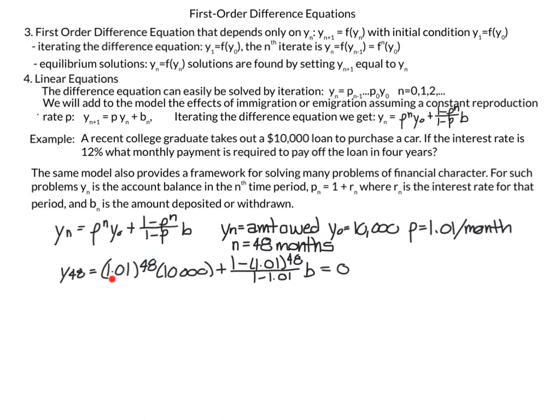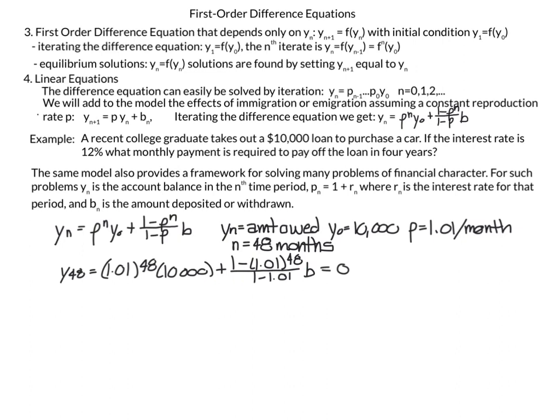If we weren't paying anything off, we would just owe more money. But here, we're going to be paying things off. So we're going to migrate money out, the immigration. We want to know what rate b we need to immigrate out. And then we multiply by our (1 minus rho^48) over (1 minus rho).